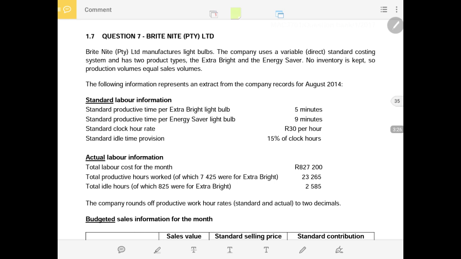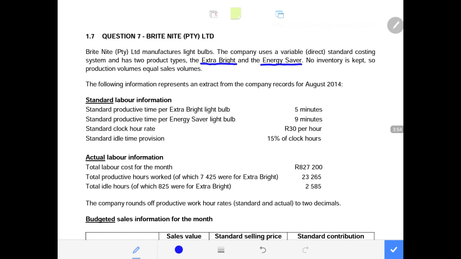Now it says BRITE PTY LTD manufactures light bulbs. The company uses a variable or direct costing system and has 2 products: the extra bright and the energy saver light bulbs.